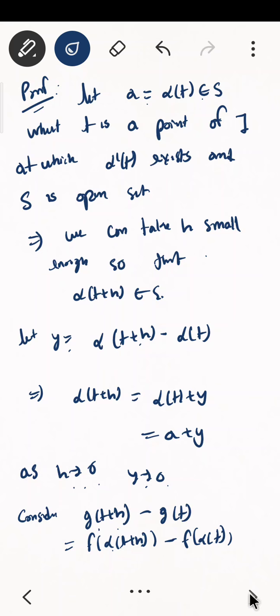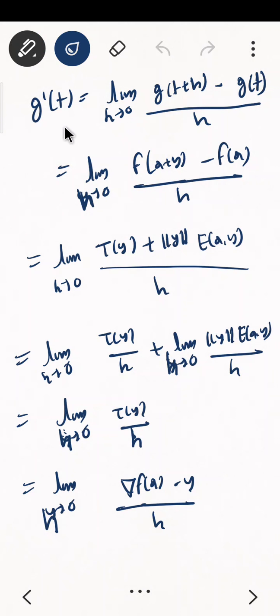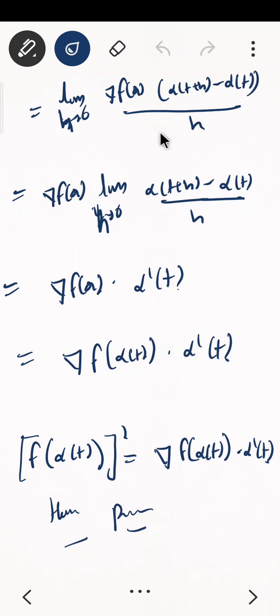So alpha h I can put as y, so that is f of e plus y minus f of e. Since f is differentiable, let us write the definition, and this part we will take as E of y, and cross multiply, take f of e plus y minus f of e, will be having this. Now let us find g dash of t. Since it is in one variable, you can use first principle. So apply first principle and you get this limit tending to 0. So look at this part. This is your alpha dash of t, and hence proved. Correct? Yeah.